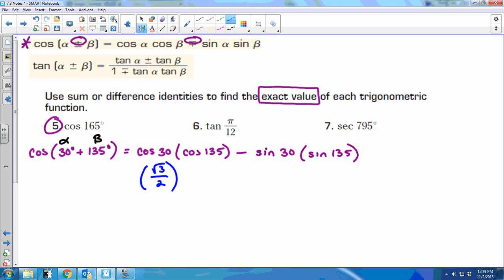Cosine of 135 is negative square root of 2 over 2. Find those values from the unit circle. The sine of 30 is 1/2. And the sine of 135 is the square root of 2 over 2.